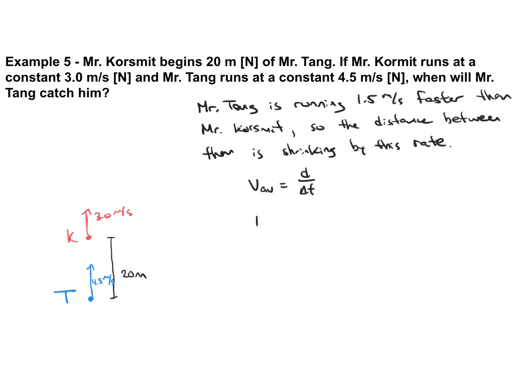Using a speed of 1.5 and a distance of 20, I can find how much time will elapse. So this algebra, if you rearrange things, you end up with 20 divided by 1.5. Okay, that's just algebra skills. And then I'll put that in the calculator. And round it to 2 significant digits, the answer is 13.